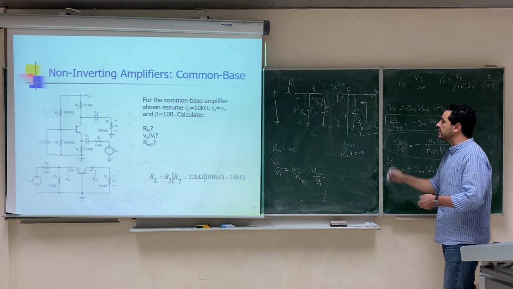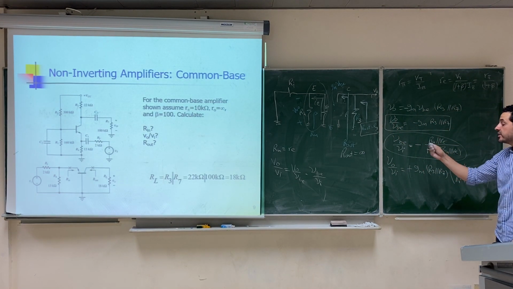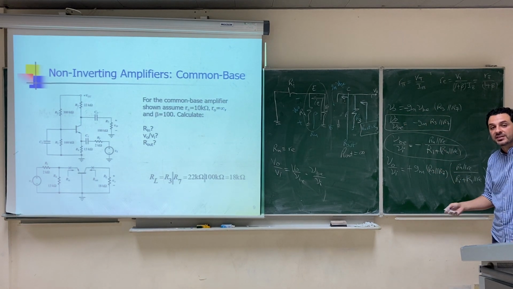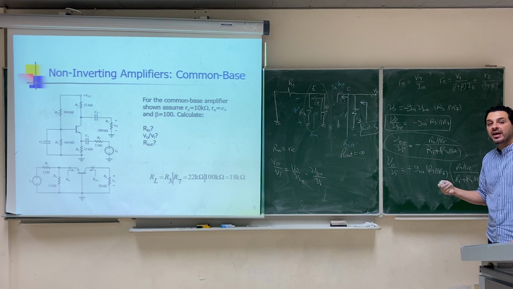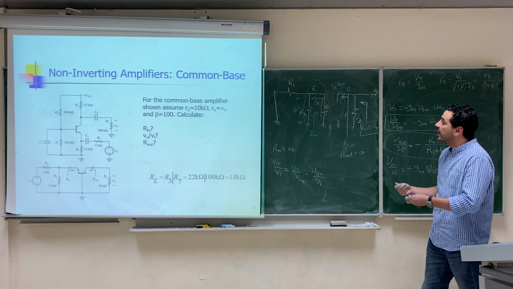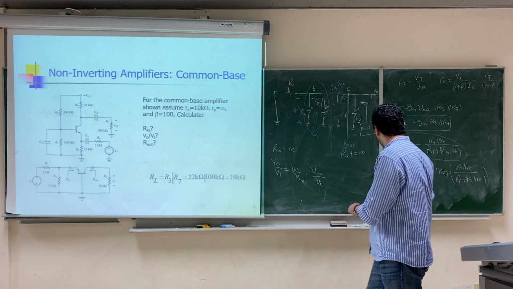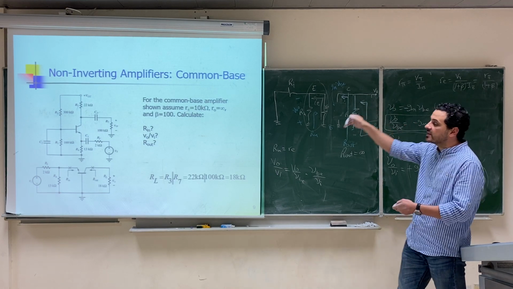So if you increase R3 to increase the gain, the output resistance is going to increase, which will make the output resistance of the amplifier high, which is a disadvantage, right? So if you try to increase the gain here by increasing R3, this will increase the output resistance, which is a bad thing.